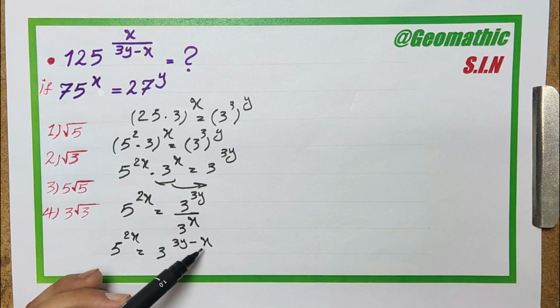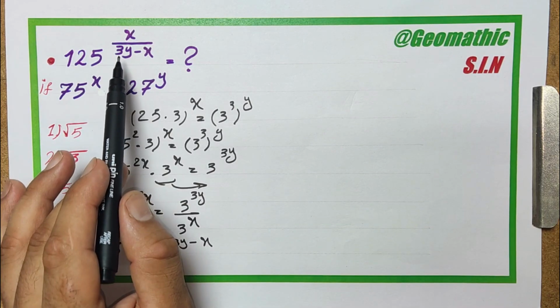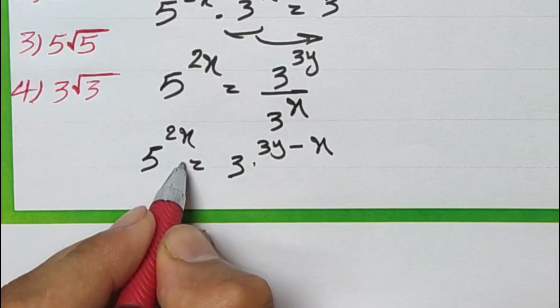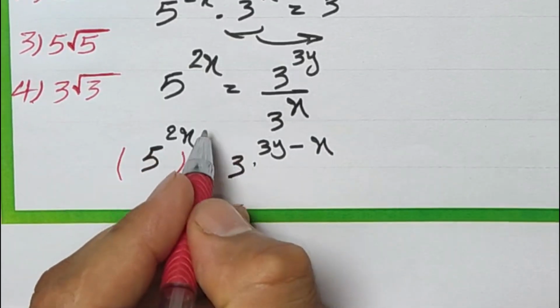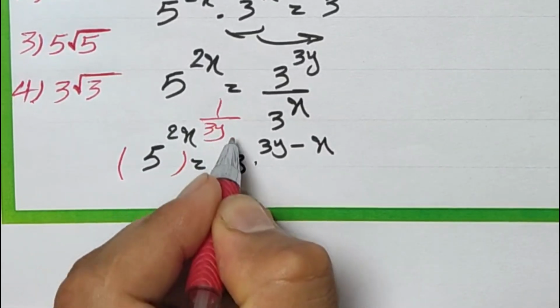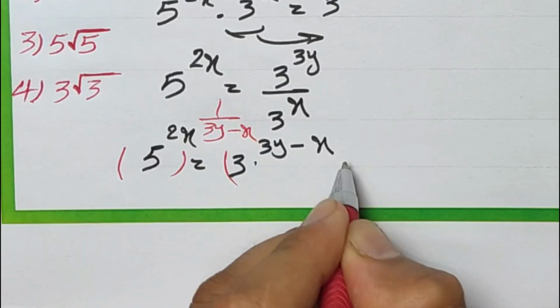Notice that 3y minus x is in the denominator in the question, but here it's in the numerator. Let's move it to the denominator like this. Raise both sides to the power of 1 over 3y minus x.